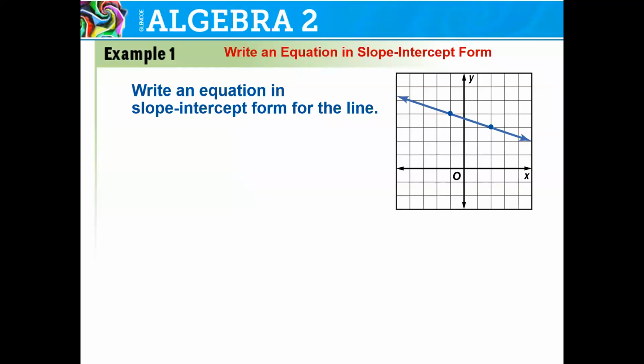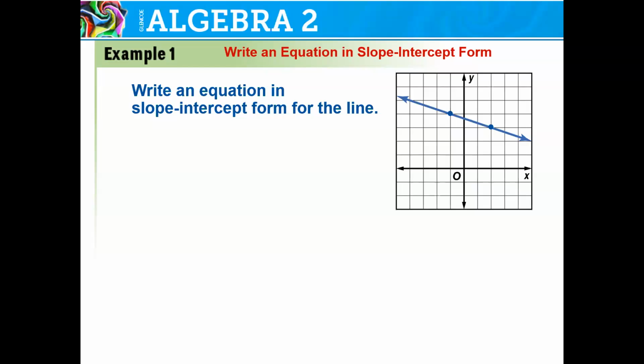So first thing we got to do is find the slope. We're going to use the grid lines to help us count. It's not marked any different, so we have to assume that we are counting by 1. If I go to the left one, that's -1. My y value is 1, 2, 3, 4. So I have one ordered pair at (-1, 4).